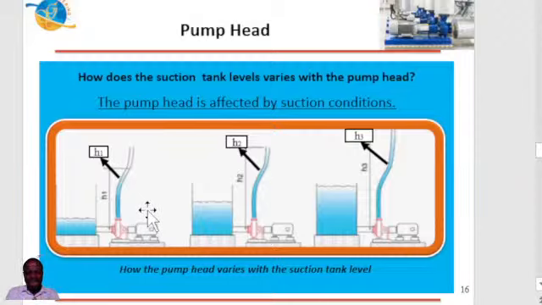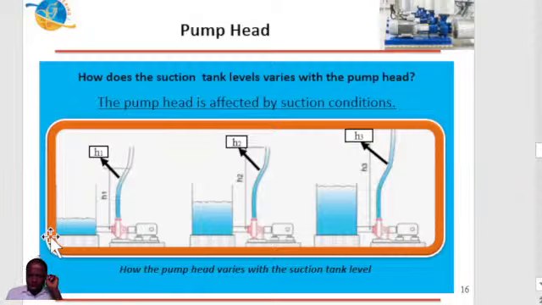This is very important, because when you are doing your NPSHA calculations, you are going to take account of your suction tank level, because it directly affects the operation of your pump.